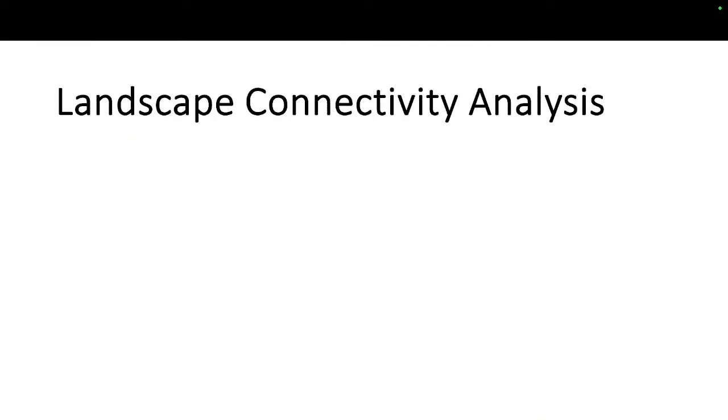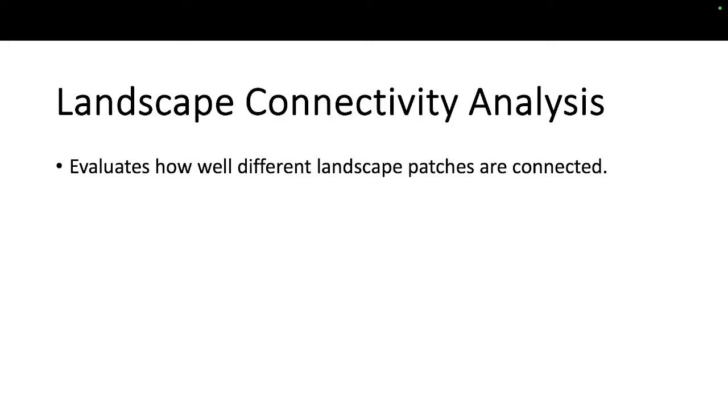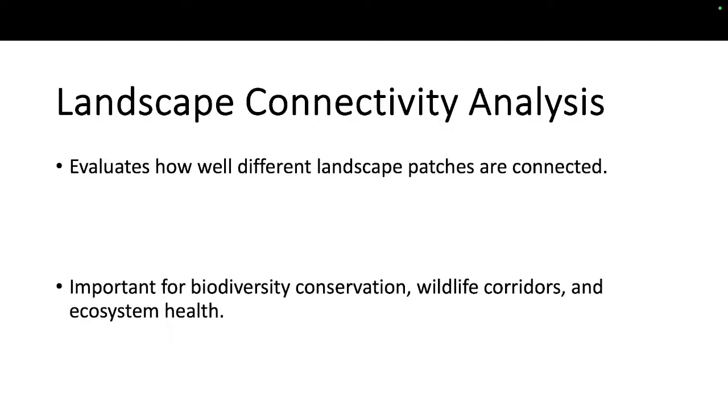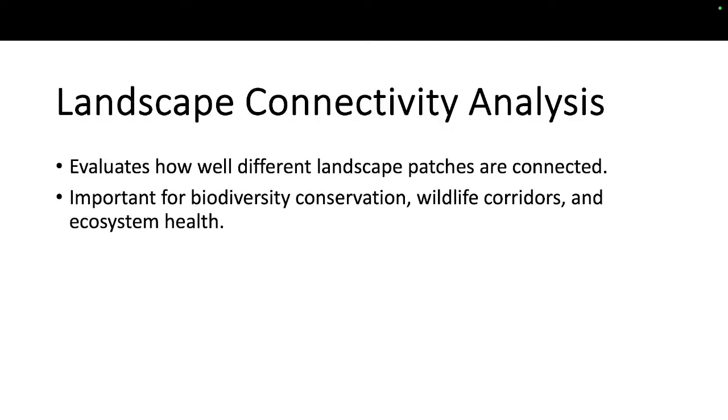First of all, landscape connectivity analysis. Basically this analysis helps you evaluate how well different landscape patches are connected. We can easily evaluate this, and it is important for biodiversity conservation, wildlife corridors, and also ecosystem health.